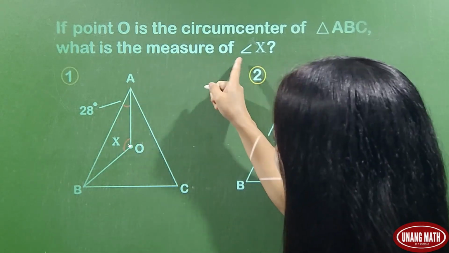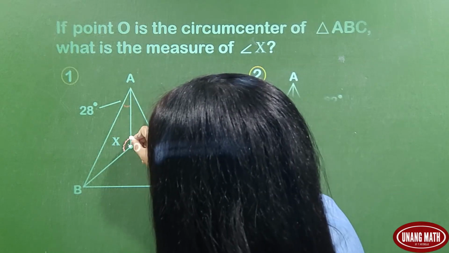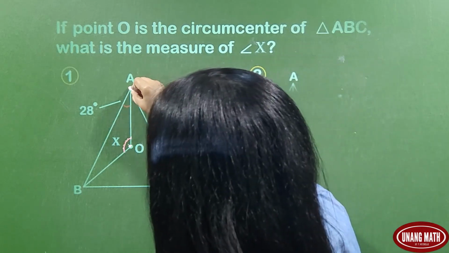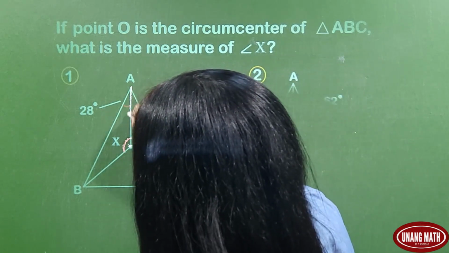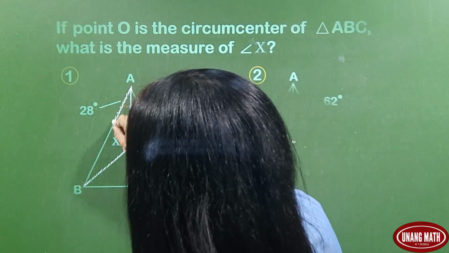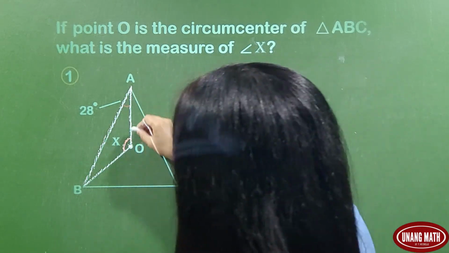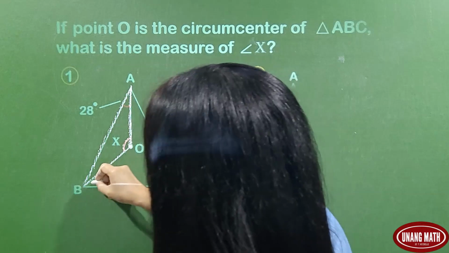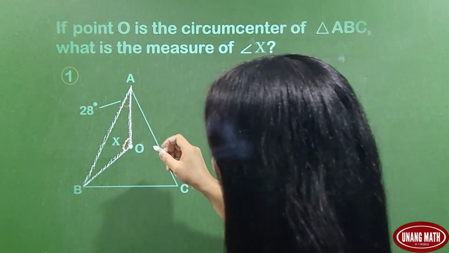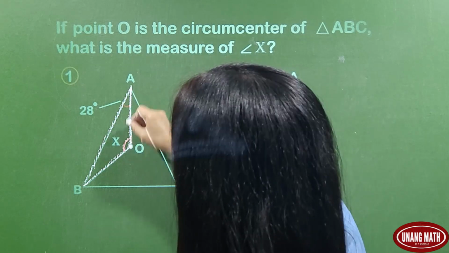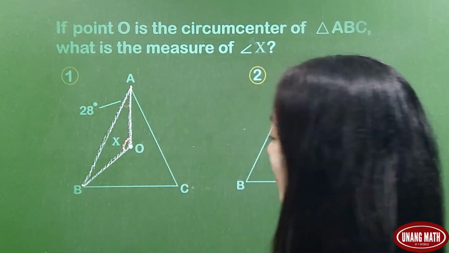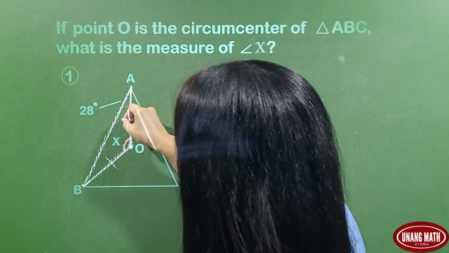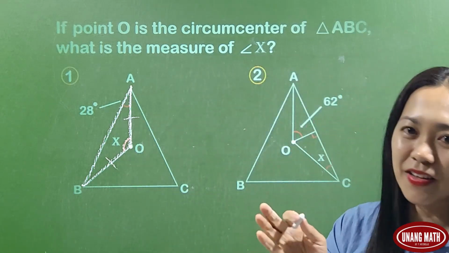We are trying to find the measure of this angle. This angle belongs to this triangle, and this side of this triangle is the radius of the circle. This is also the radius because this is the distance from the circumcenter to the vertices of the triangle, and those distances are equal. So this triangle is an isosceles triangle.